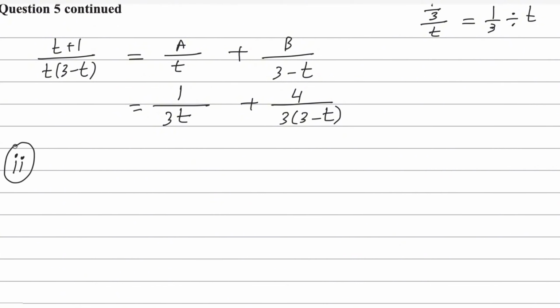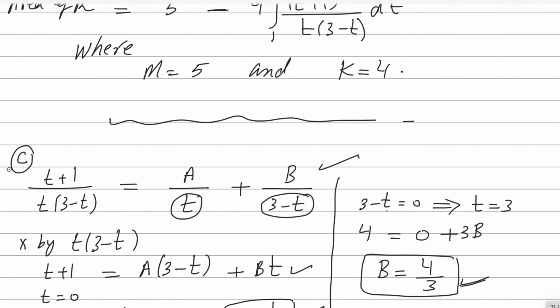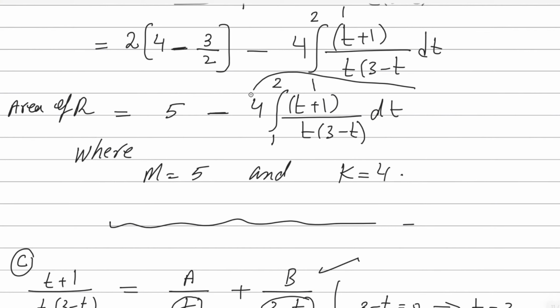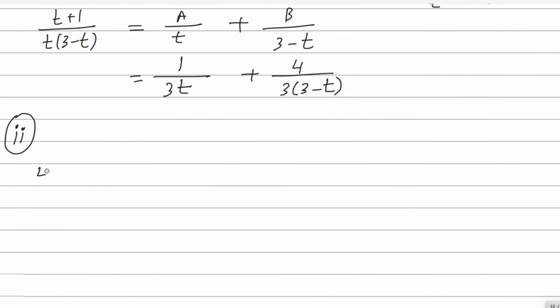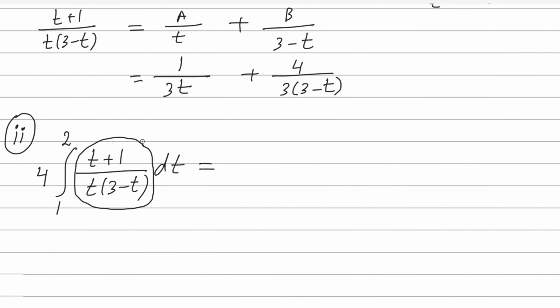For the last part, the second part of this one, we want the exact area of R. Exact area of R means you need to find the integration for this function. To integrate that function, we can write 4 integration from 1 to 2, and here is (t plus 1) over t into (3 minus t) dt is equal to, you can substitute the value of this function from the previous part, as 4 is outside, and integral from 1 to 2.